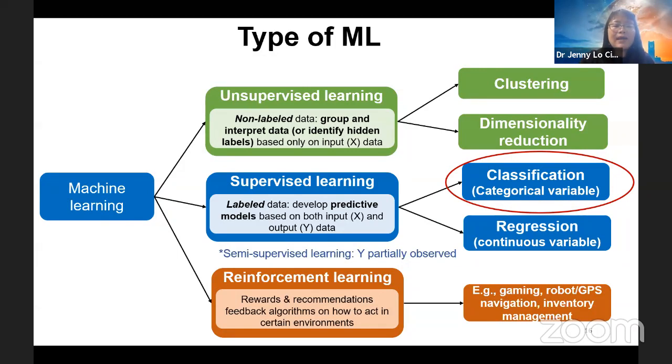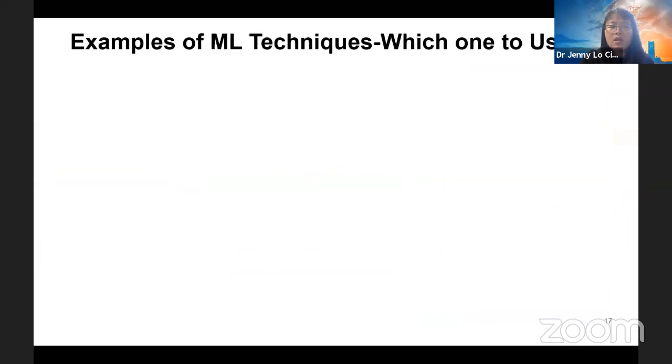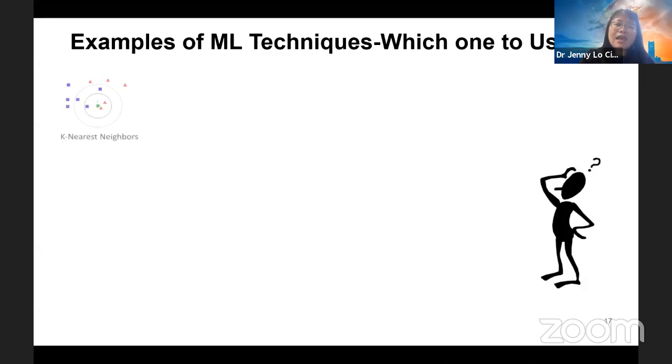Because I'm talking about the health outcome field, it is more on the post-marketing research. For example, you might ask, among the machine learning techniques, how do I know which one to use? If you want to identify patterns, there's a clustering technique, like k-nearest neighbor.